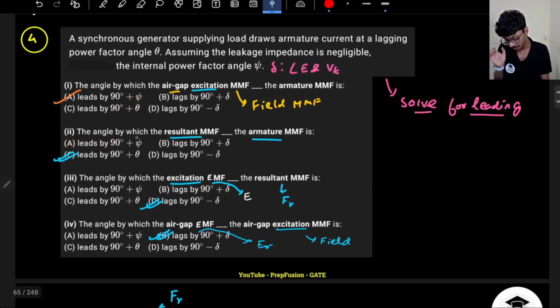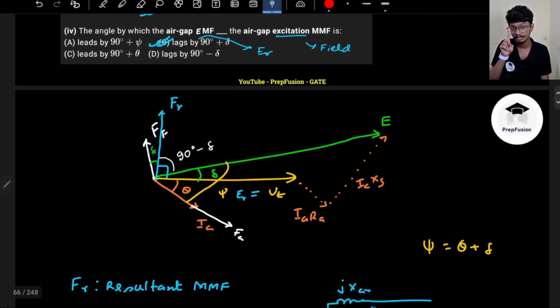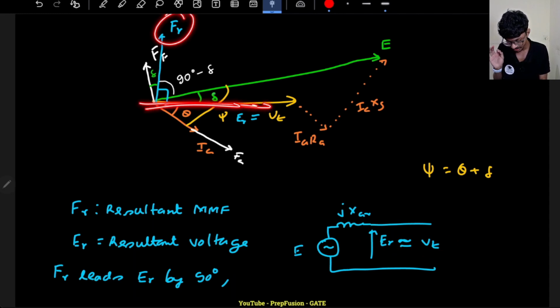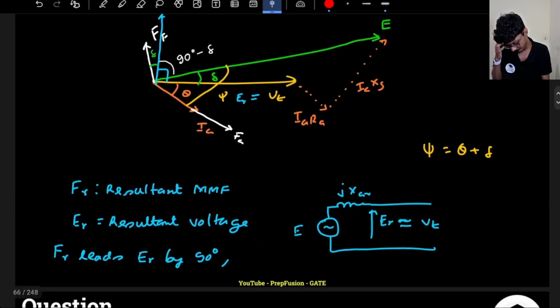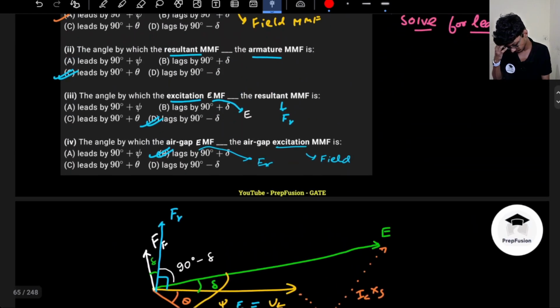Second question, the angle by which the resultant MMF. The resultant MMF will lead the resultant induced EMF by 90 degrees. The induced EMF is Vt, so the resultant MMF Fr leads it by 90 degrees.